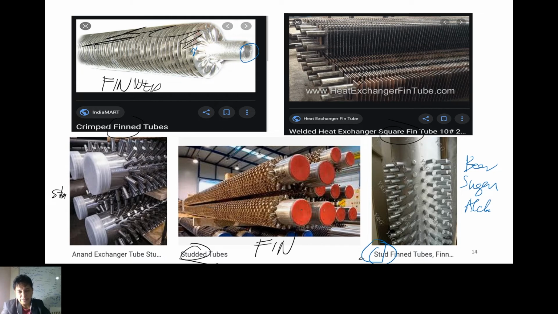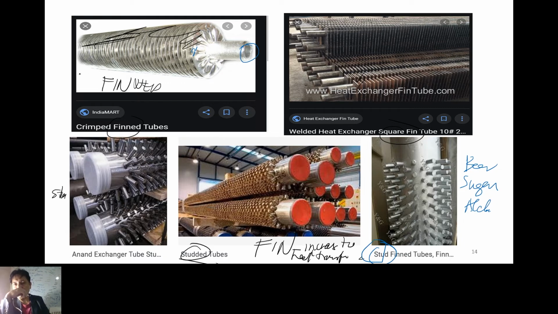Ang mga fin class is to increase the heat transfer area. So, increase natin yung heat transfer area so that when the hot air comes, ito yan, mga evaporator.